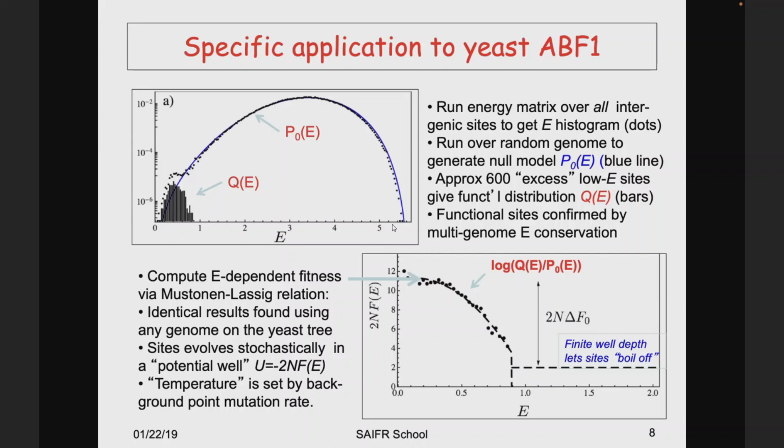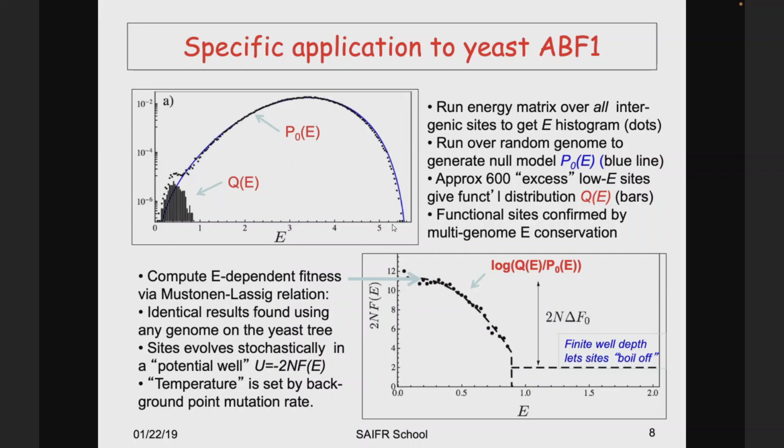So from the real distribution of predicted binding energies, you can read off what the energy dependence of the fitness function is. And that's what I've put in the lower right-hand corner. Above a certain cutoff energy, which in these units is near 1, the real genome and the random genome are indistinguishable, so there's no fitness; it's whatever it is, it's constant.